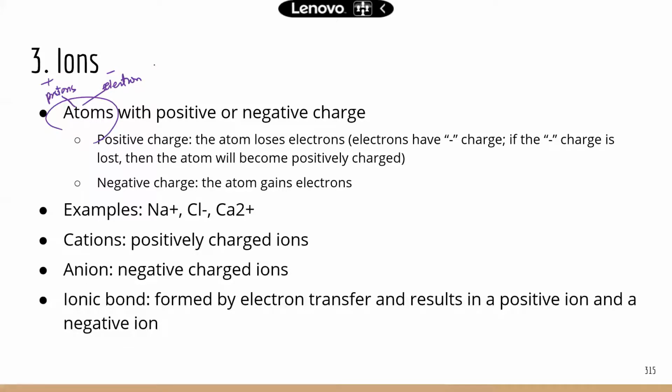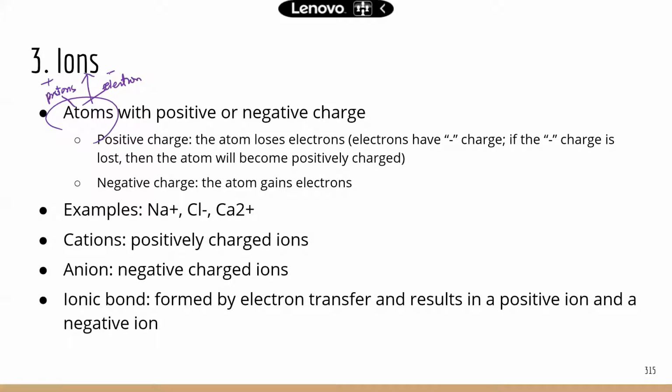But atoms may gain or lose electrons, and this is going to break that balance so that atoms are not neutral anymore. They may be positively charged or negatively charged. At that point, atoms will become ions. Okay.